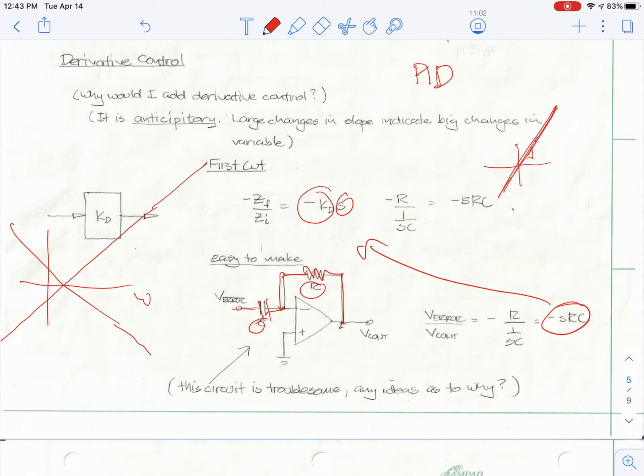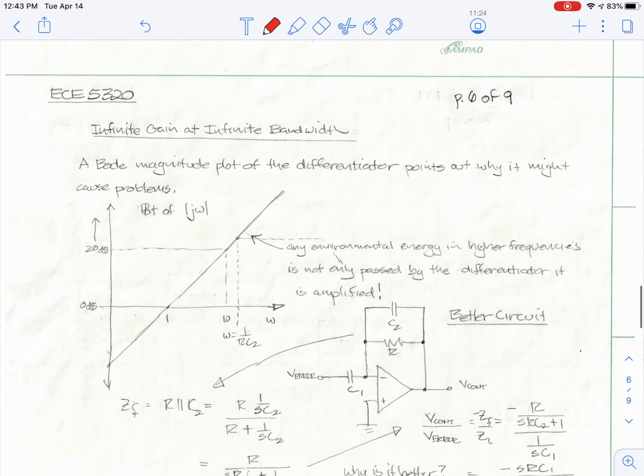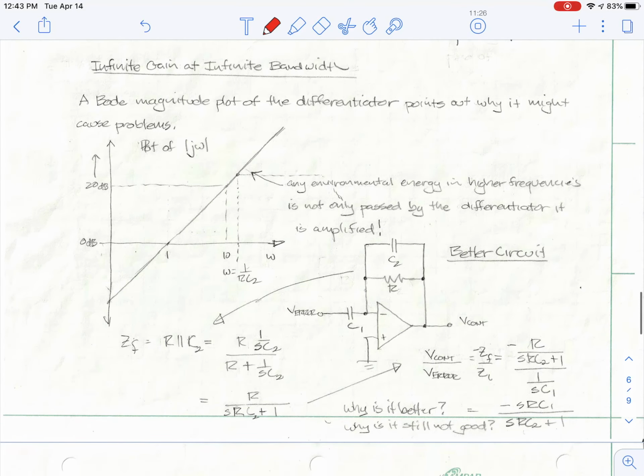And so as I get to higher and higher frequency, it takes any noise in its input signal and amplifies it, making it bigger. So this circuit will tend to take input noise and make it bigger, and that's not good. Okay, so in general, I'm not going to want to use that direct derivative, and I show that here.